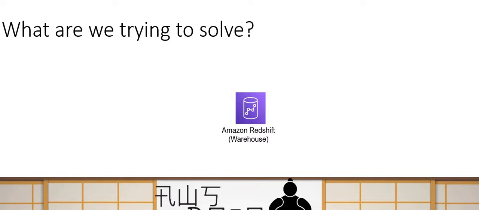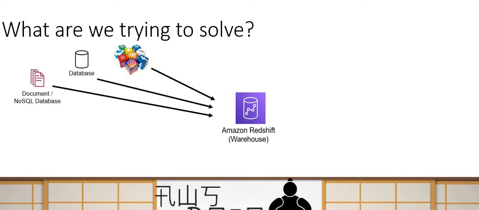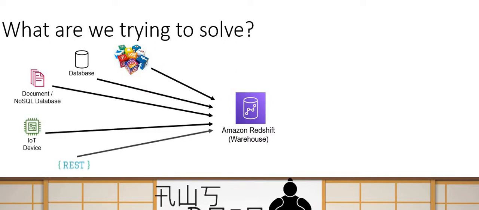Suppose you have deployed Amazon Redshift and you have created a data mart or a warehouse solution using Redshift. And now this Redshift is getting data from various sources. It might be getting data from social media platforms, from relational or NoSQL or document-based databases, from IoT devices, from REST APIs, or even from file-based systems.